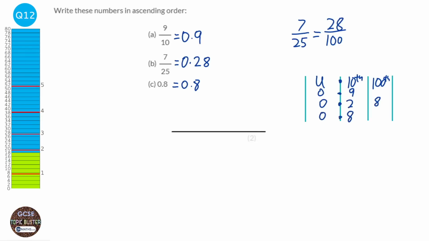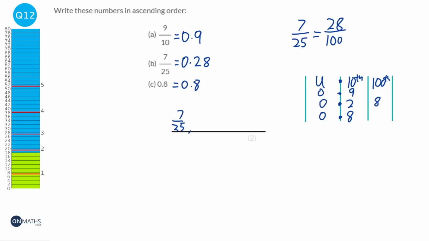And you can see here that looking at the tenths column, that 2 means that this 0.28 is the smallest. So 0.28 is 7/25, so that's our smallest. And it says it wants it in ascending order, which just basically means from smallest to biggest.